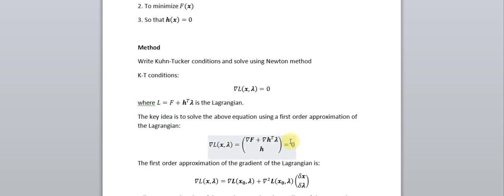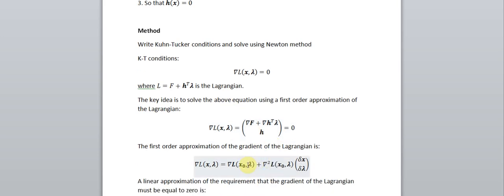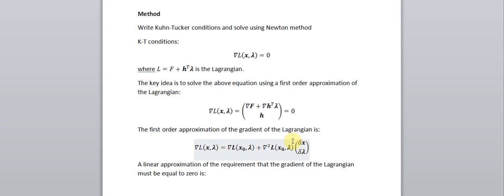And we start from initial guesses of the design variables. These are called x0, and also initial guesses of the Lagrange multipliers. And we solve a linear equation for x and lambda.